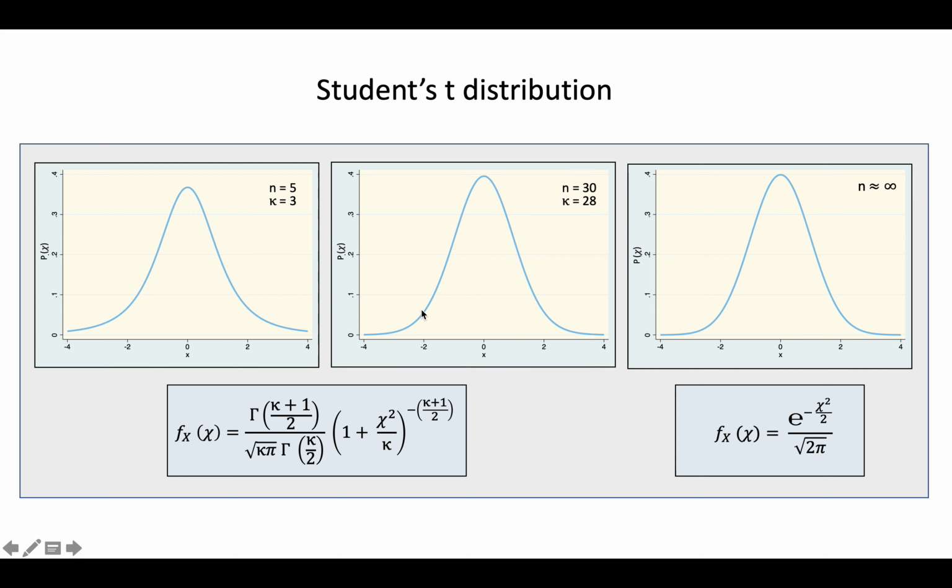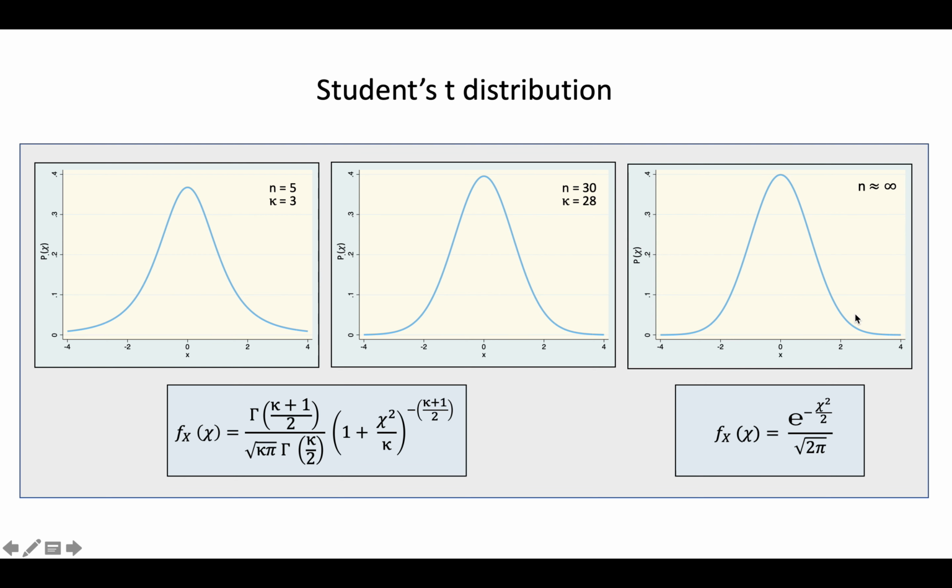And then you go here to the distribution when the sample size is 30 patients. So you see here that when we have only 5 patients, the shape of the curve is actually quite different from the normal distribution.